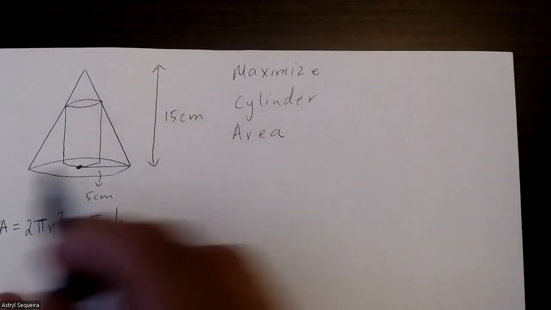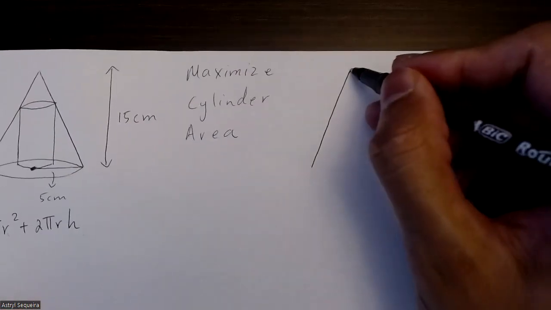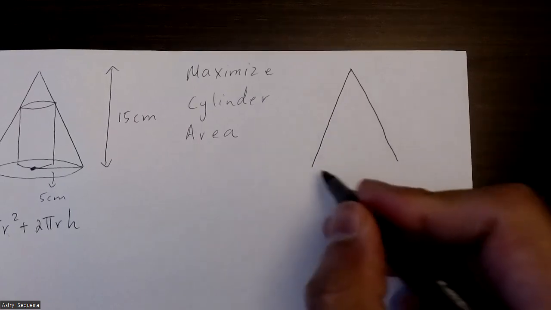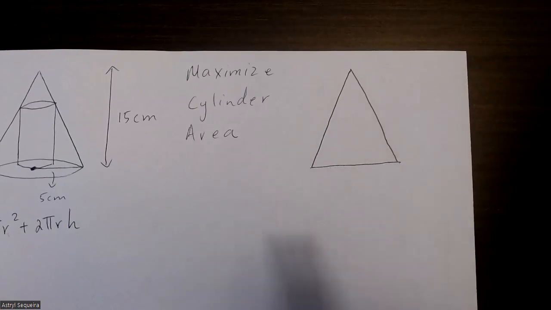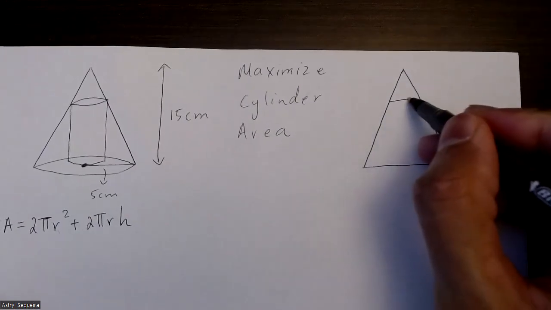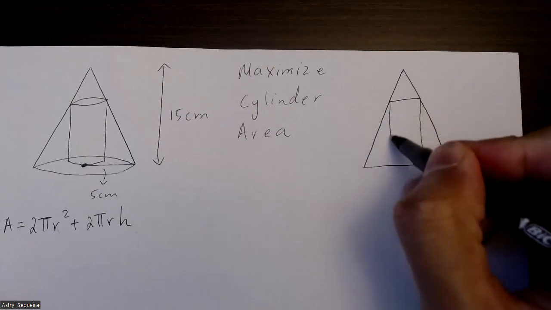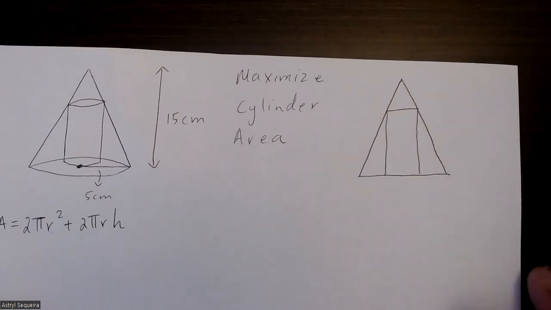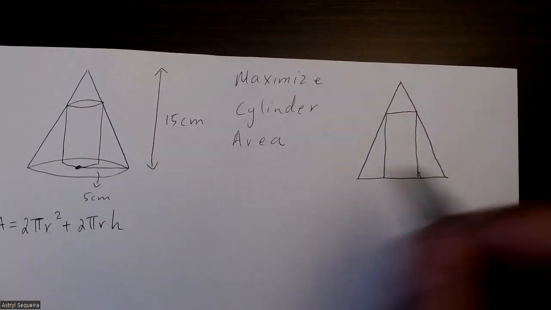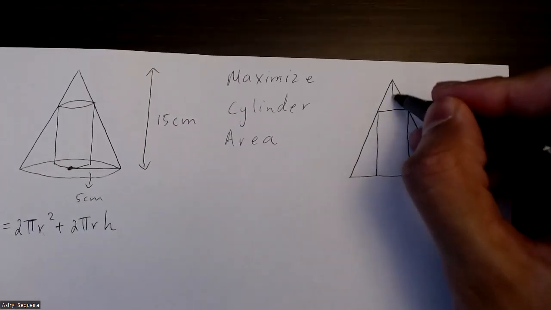So let's pretend this cone, if you look at it in 2D, it's going to be a triangle. And the cylinder is going to look like a rectangle. This is what it's going to look like in 2D. I know that the height of this entire thing is 15.